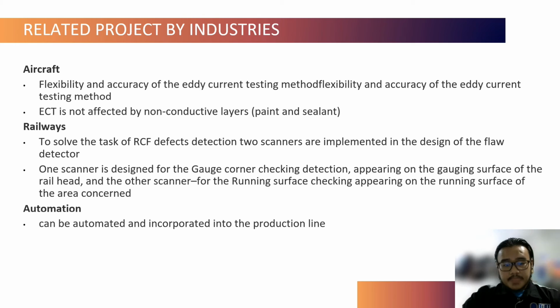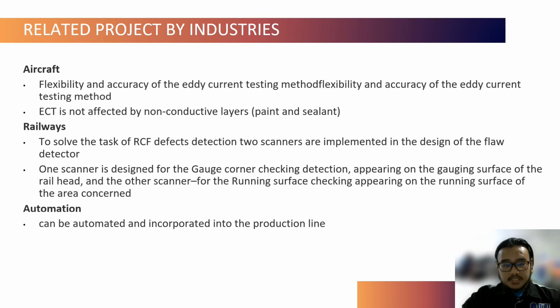For railway, to solve the task of RCF defect detection, two scanners are implemented in the design of the flaw detector. One scanner is designed for the gauge corner checking detection, which appears on the gauge surface of the railhead, and the other scanner for the running surface checking, which appears on the running surface of the area concerned.